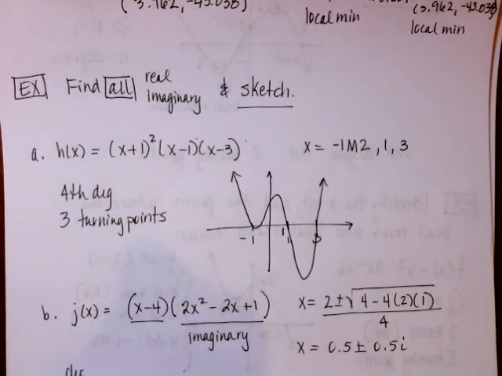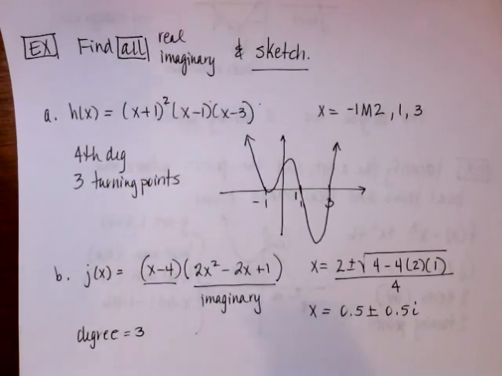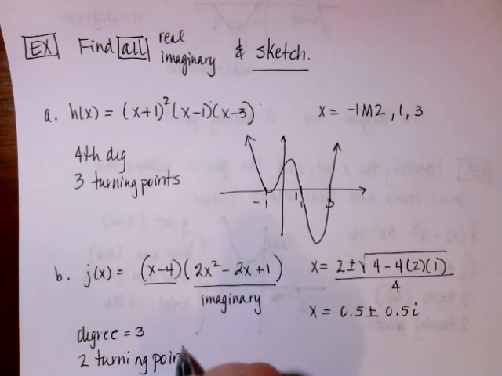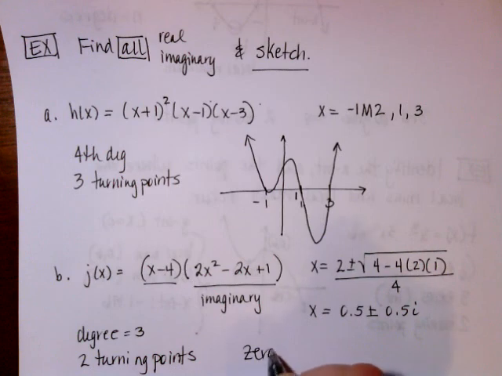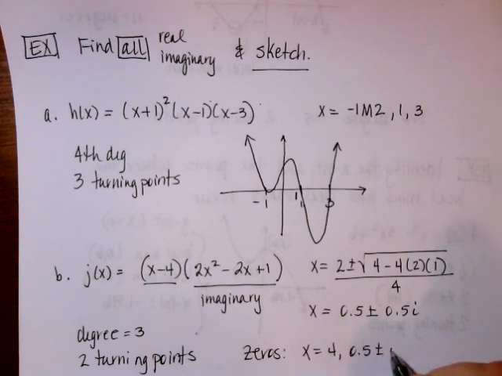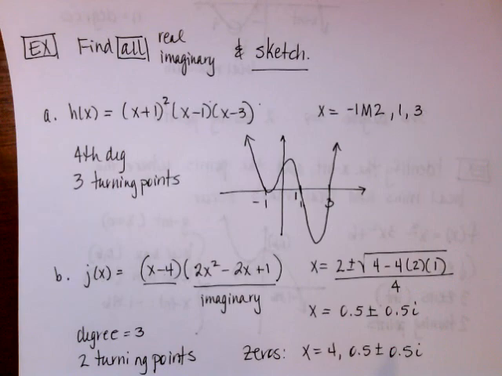Okay, so my degree is 3. I have 2 turning points. And I have zeros of x is equal to 4, and then 0.5 plus or minus 0.5i. And I'm okay if you write it like that.